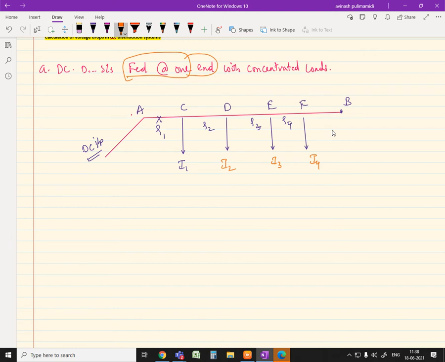Okay, students, in the above figure only one wire is shown instead of two, but resistances are marked on the diagram for both wires for the respective sections.